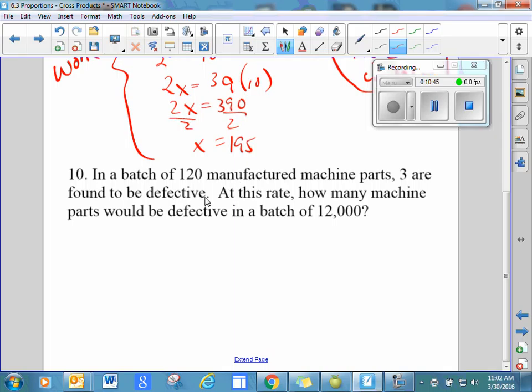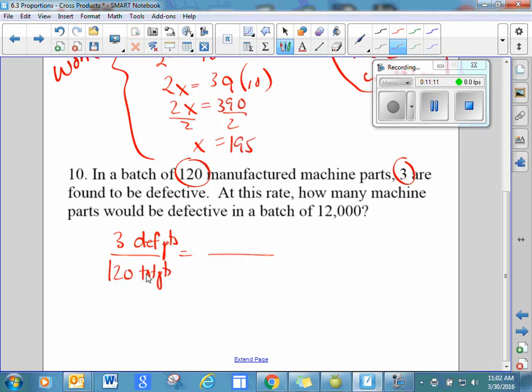At this rate, how many machine parts would be defective in a batch of 12,000? Your proportions start with your shell. Looks like this. What's the rate that they give us? These are the total parts, with 3 of them being bad. So we have 3 defective parts out of 120 total parts.